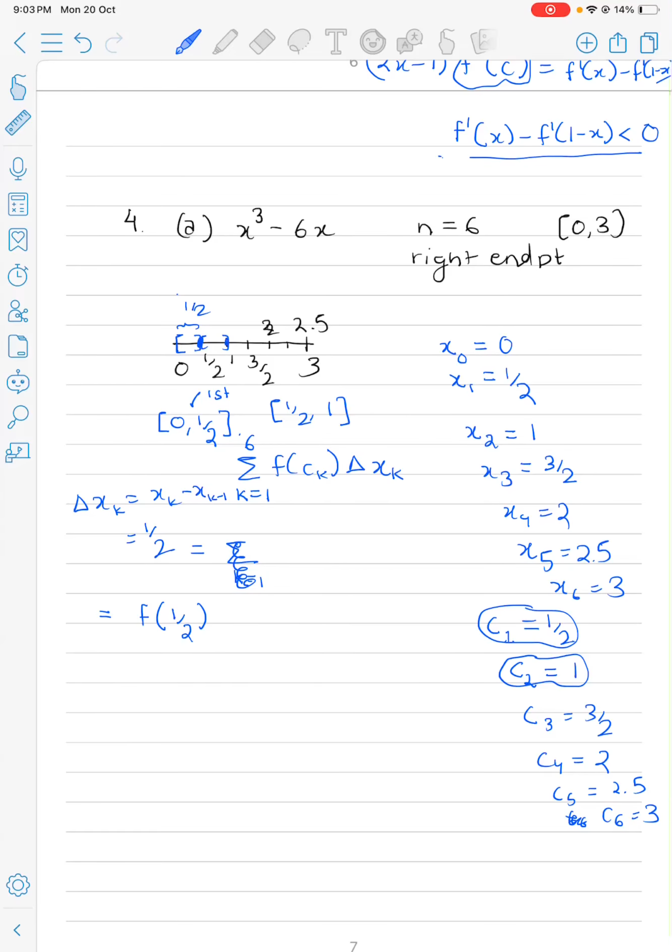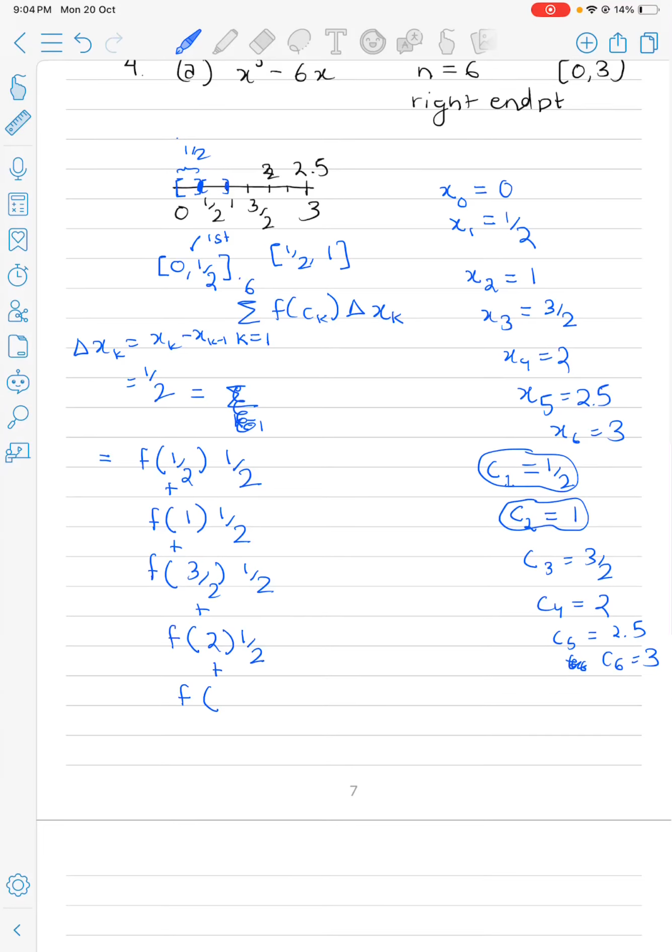So this is half times f of 1 half plus f of 3 by 2 times half plus f of 2 times half plus f of 2.5 times half plus f of 3 times half.